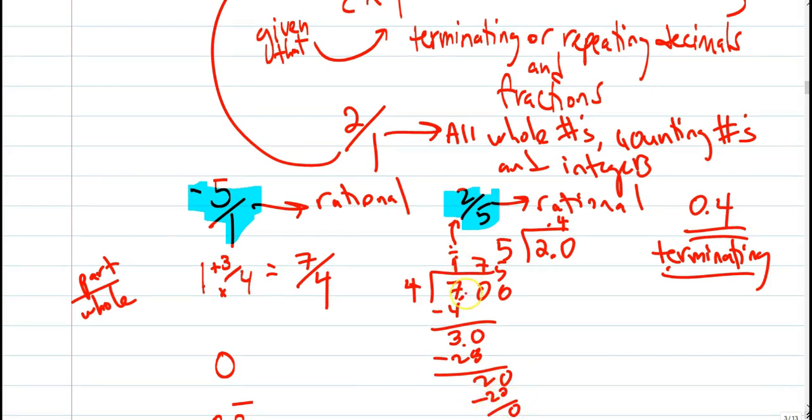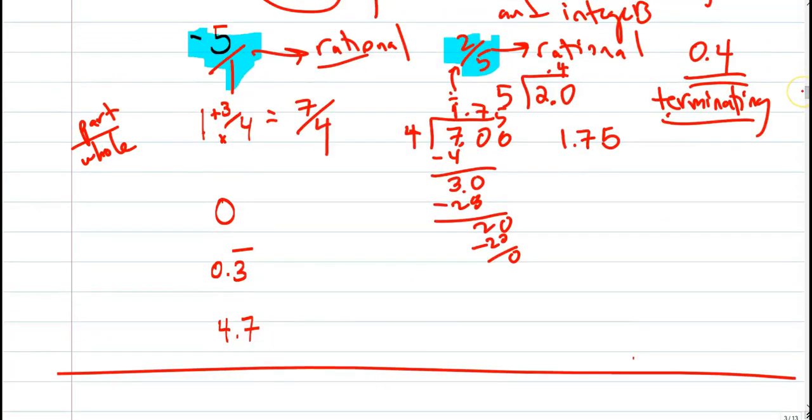And this is now terminated. 1 3/4 or 7/4 is the same thing as 1.75. A terminating decimal. That makes it what? That makes it rational. If it can be written as a fraction, it is rational. It can be a ratio. Any decimal that ends, terminates, can be written as a fraction. Any fraction can be turned back into a decimal.